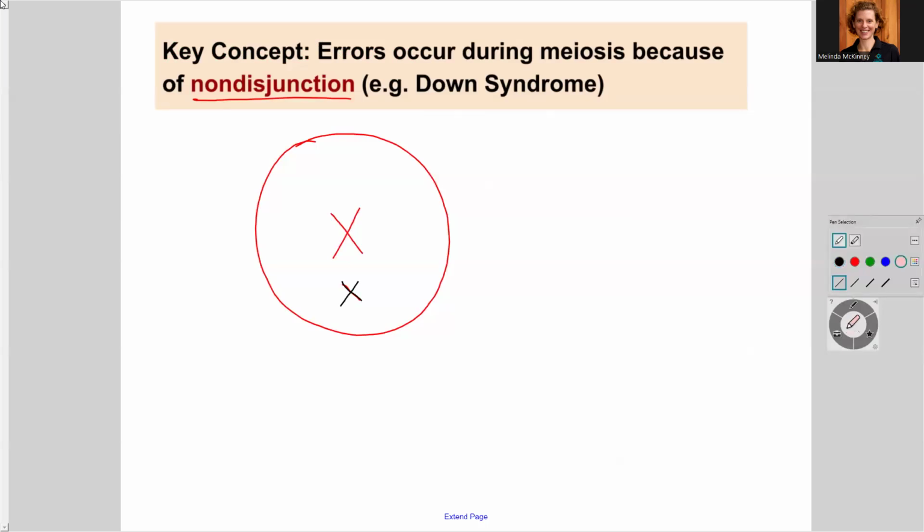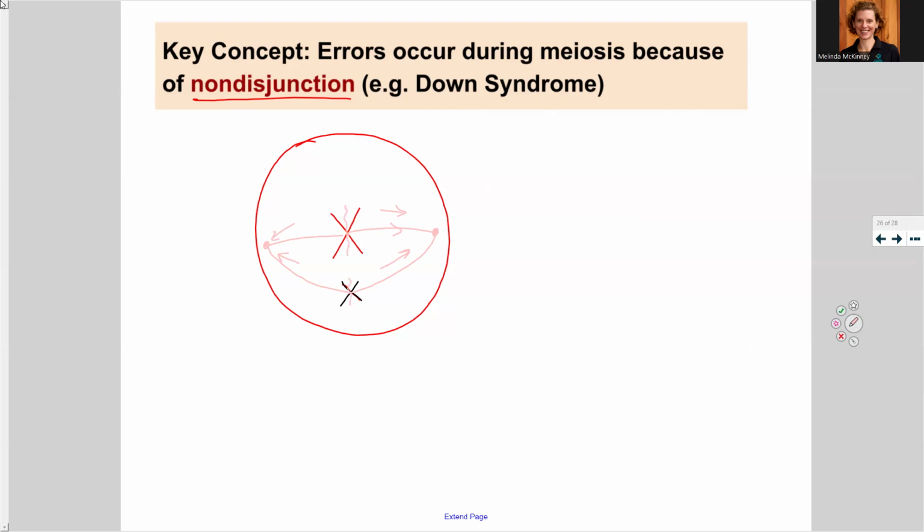The spindle fibers attach to the chromosomes, and they're anchored into these centrioles over here on the side. During metaphase, the chromosomes line up, and then during anaphase, these get pulled towards the poles on opposite sides, and they separate down the middle.